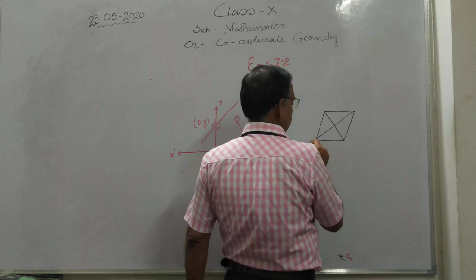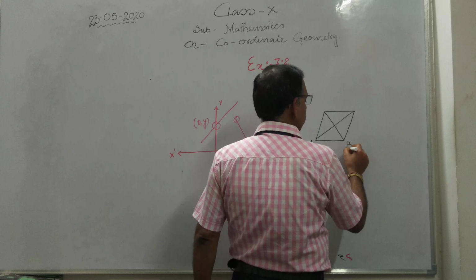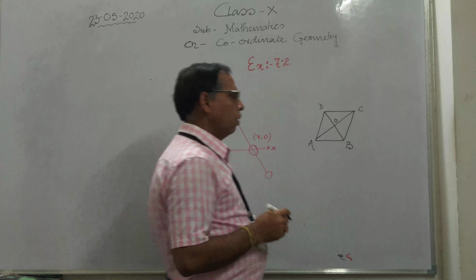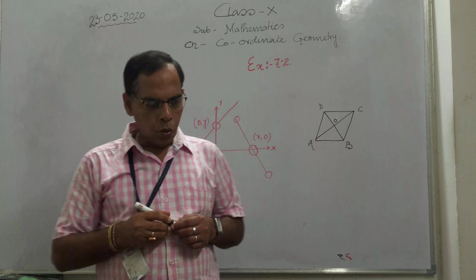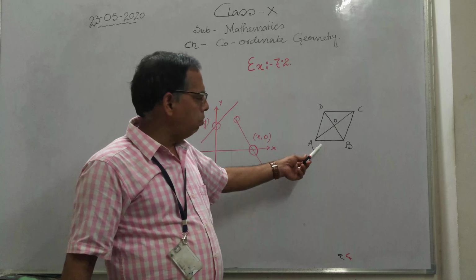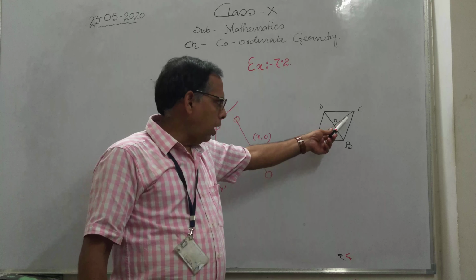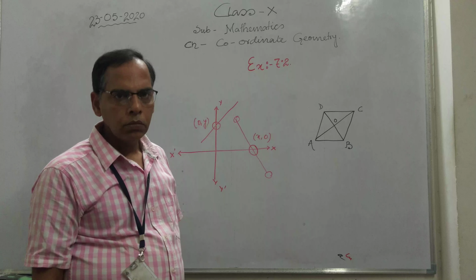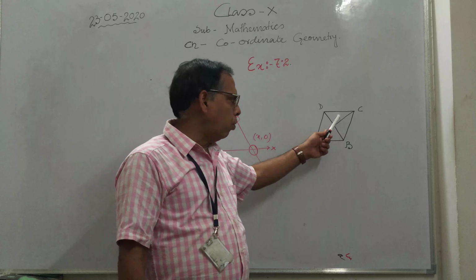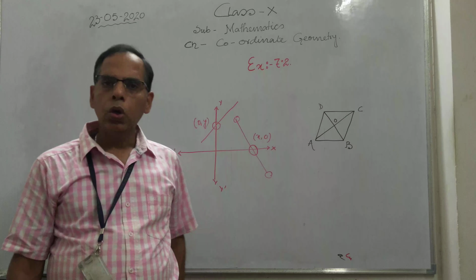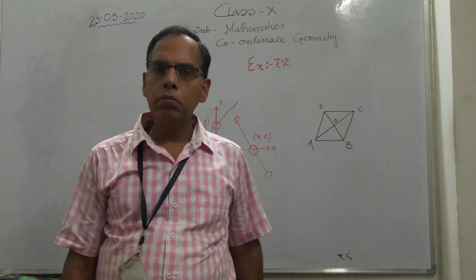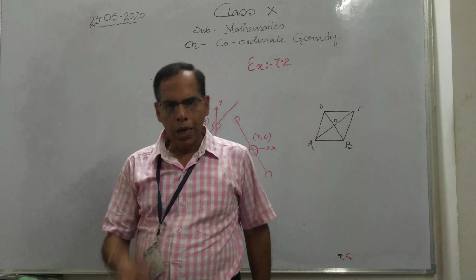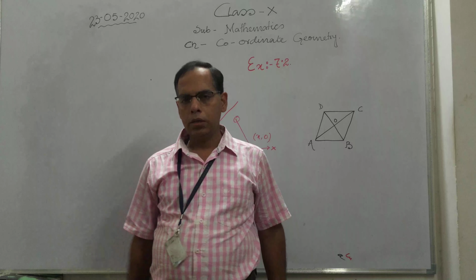Suppose this is A, this is B, this is C, this is D. Now, whether you are coming from A and C or from B and D, the coordinate of O will remain the same, because a single point cannot have two coordinates.